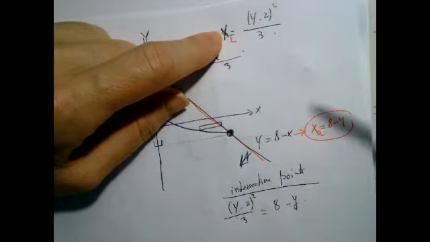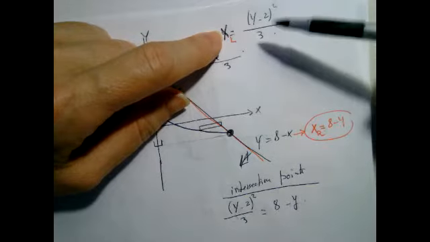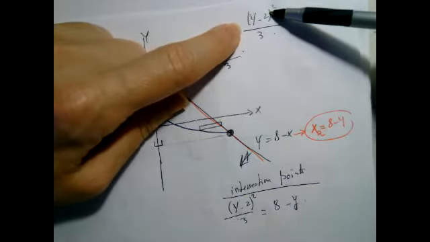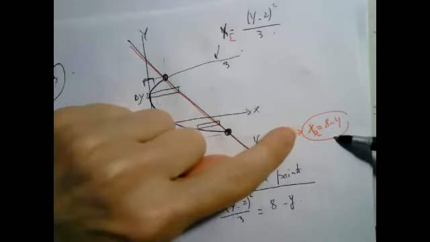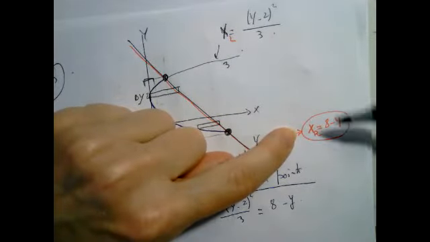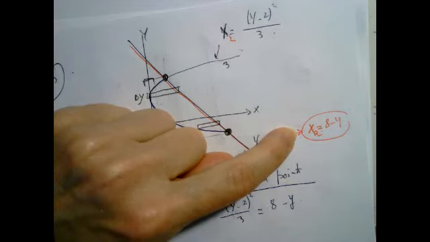So I'm going to find which y has the property that whether I plug it into this curve or this curve, I get the same value. So I'm going to set the x's equal, which is easier in this particular problem. Okay, are you with me?